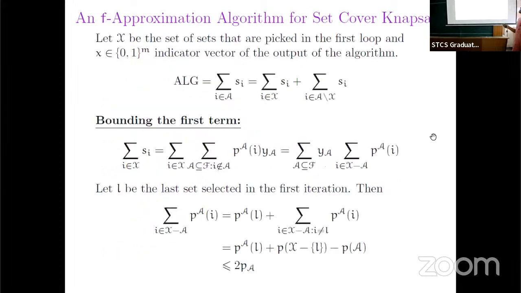Suppose X is the set of sets which are picked in the first loop, and we are running two loops, and small x is the indicator vector. So L gives the sum of sizes of the sets in A. I divide this into two parts: sets picked in the first while loop, and sets picked in the next while loop.